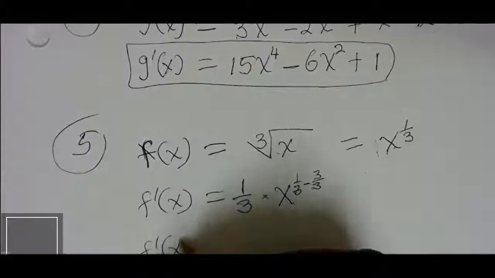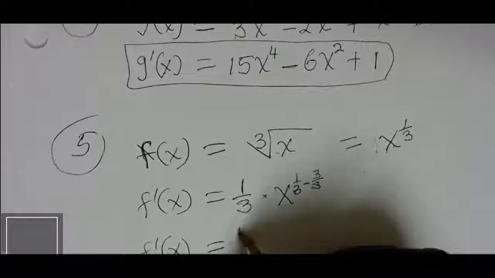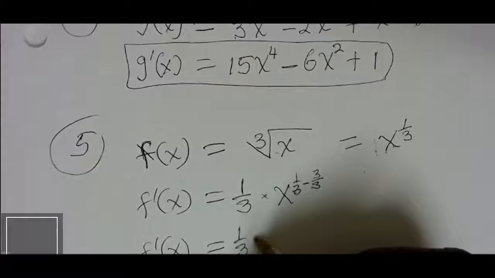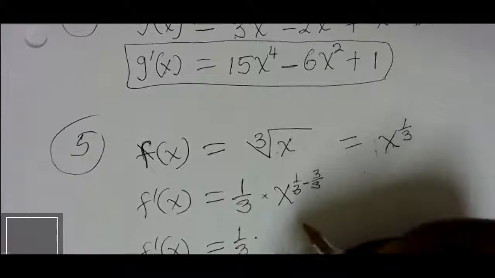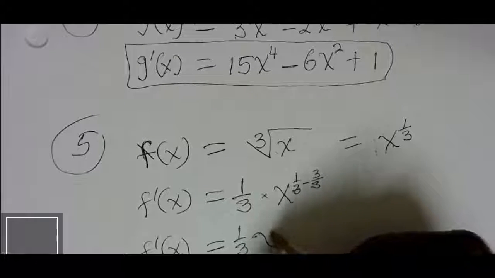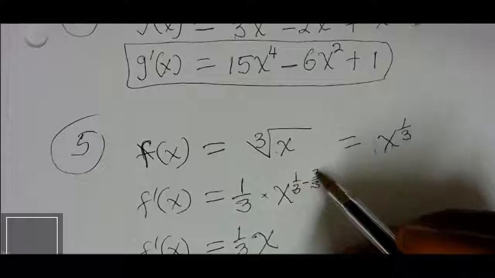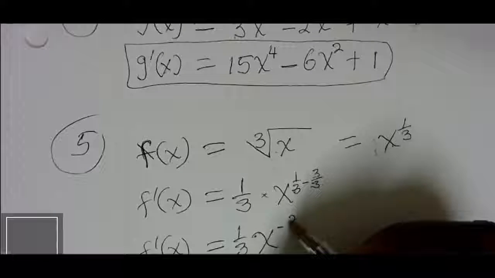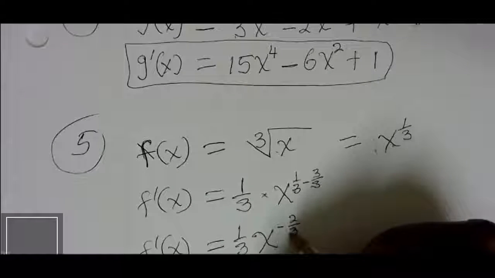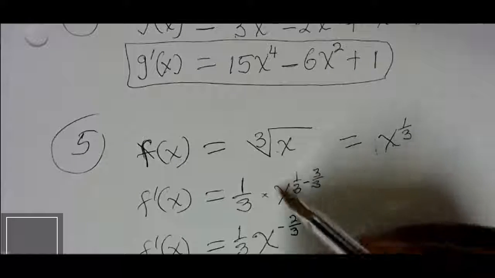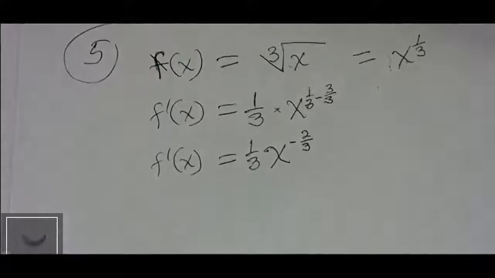So f prime of x is going to be 1/3 times x to the power of negative 2/3.